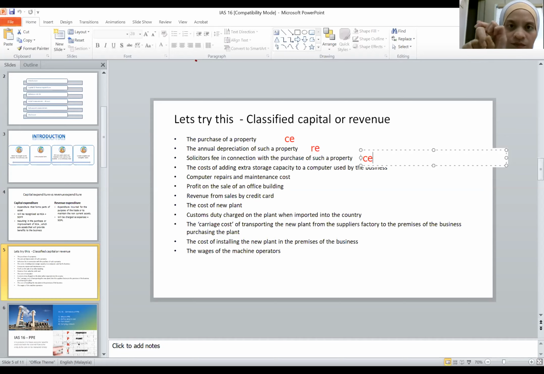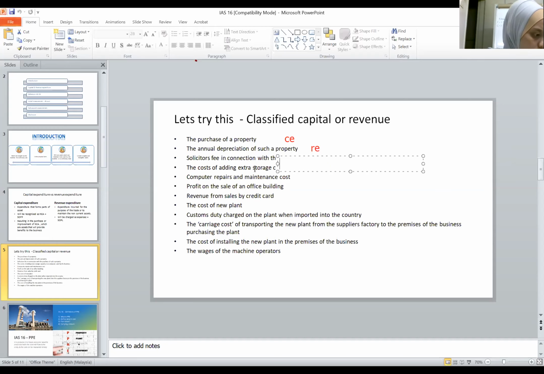So this RM1 is very important. You tak bayar this RM1, you cannot get your asset. So this is your capital expenditure. Sama jugalah. Bila kita beli property, we need to pay the legal fee. Peguam, legal fee lah. Yuran guaman. Okay, the cost of adding extra storage. This is your capital expenditure.